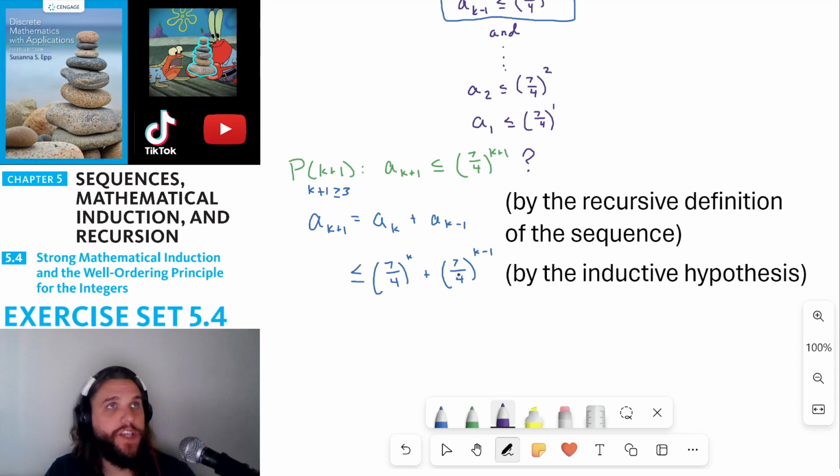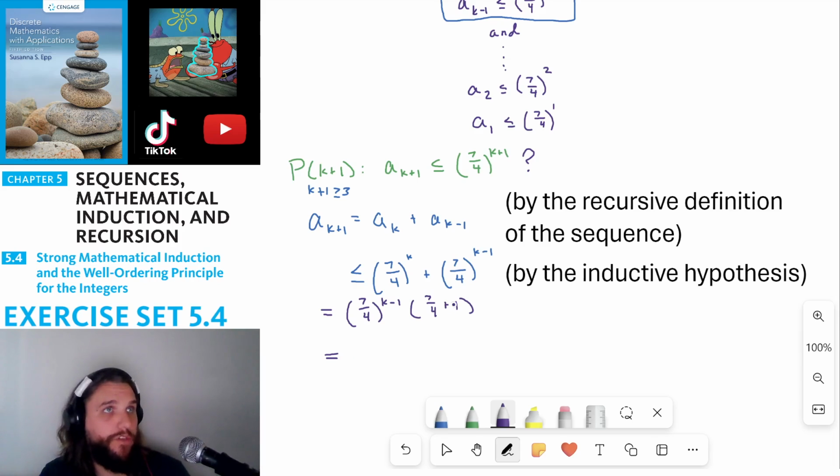Now, what I'm going to do first is factor out a 7/4 to the k minus 1. So this is equal to 7/4 to the k minus 1 times 7/4 plus 1. Now, 7/4 plus 1 is the same thing as 4/4. So 7/4 plus 4/4 is 11/4. So this is 11/4 times 7/4 to the k minus 1.